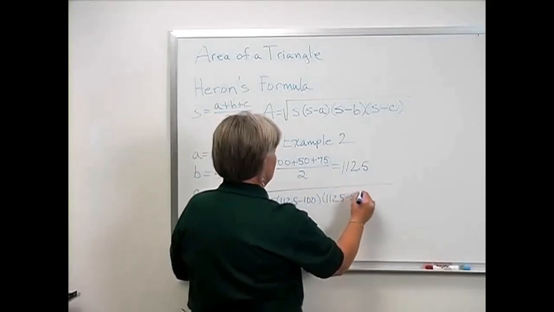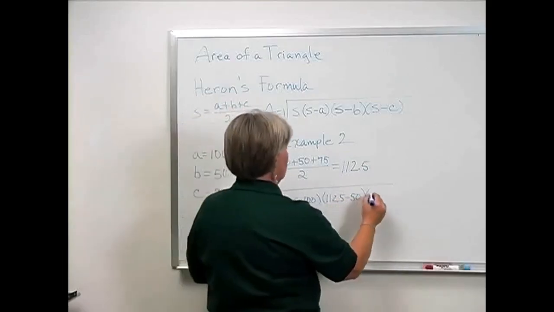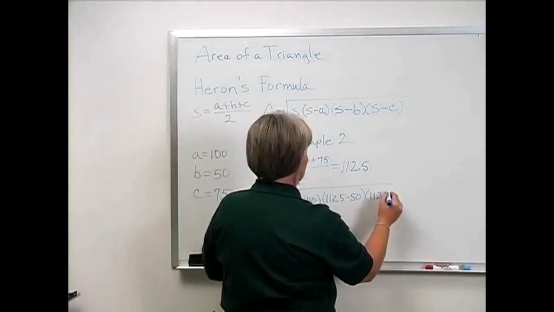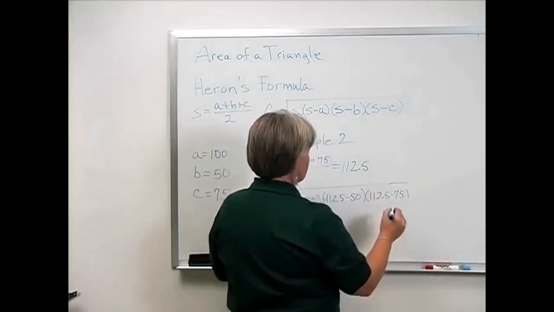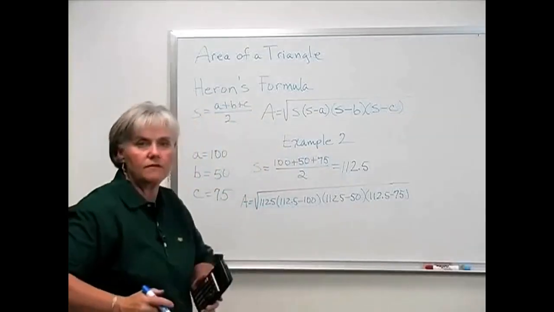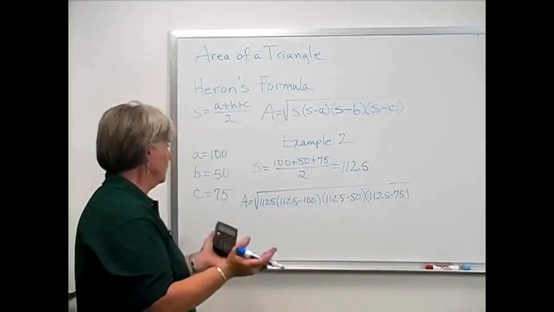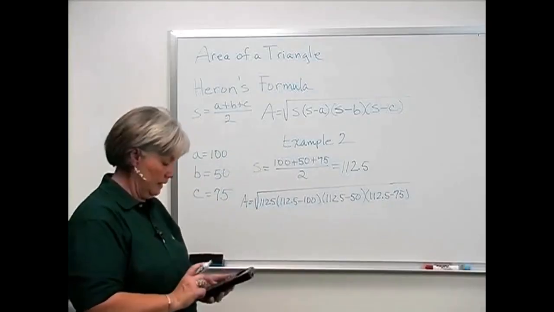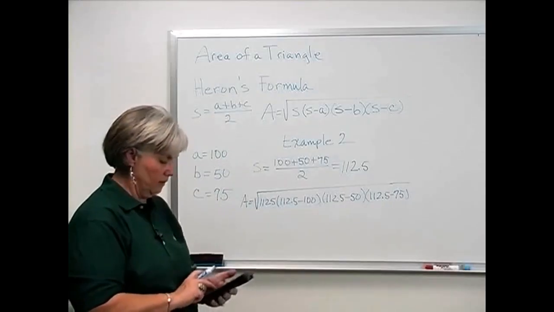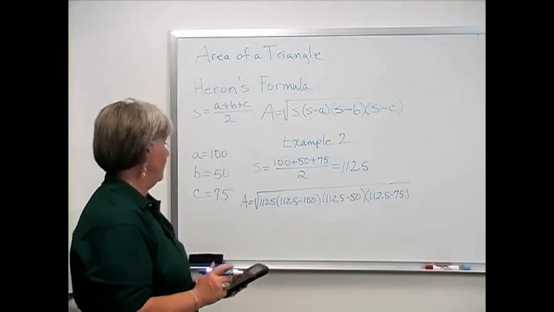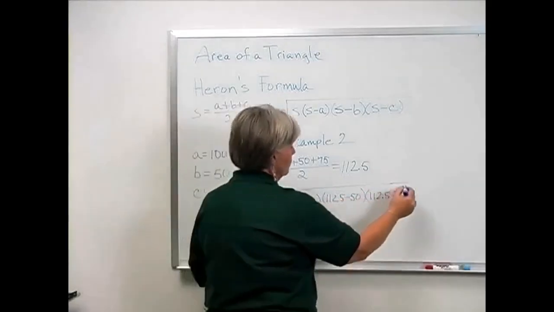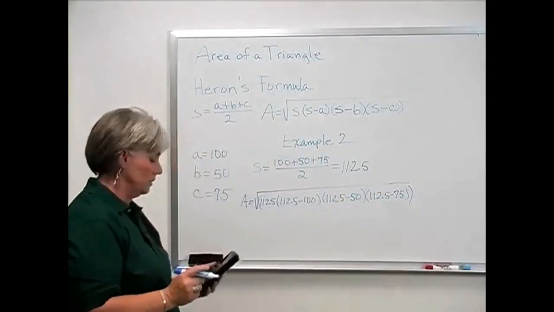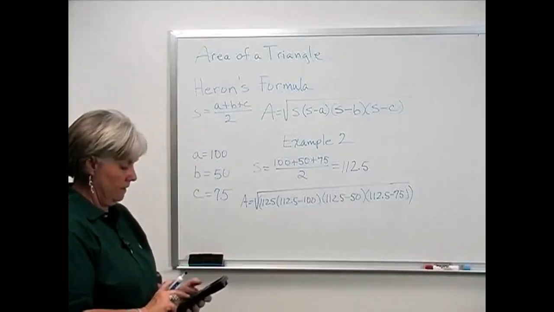Now it's an easy formula to use, but since there are so many calculations in there, you just have to be careful, because you could definitely make a little calculation error and get the wrong answer. So you want to maybe double check your answers when you do this. And when you enter your square root in your calculator, you want to put parentheses around the whole thing so that you don't mess up on that.